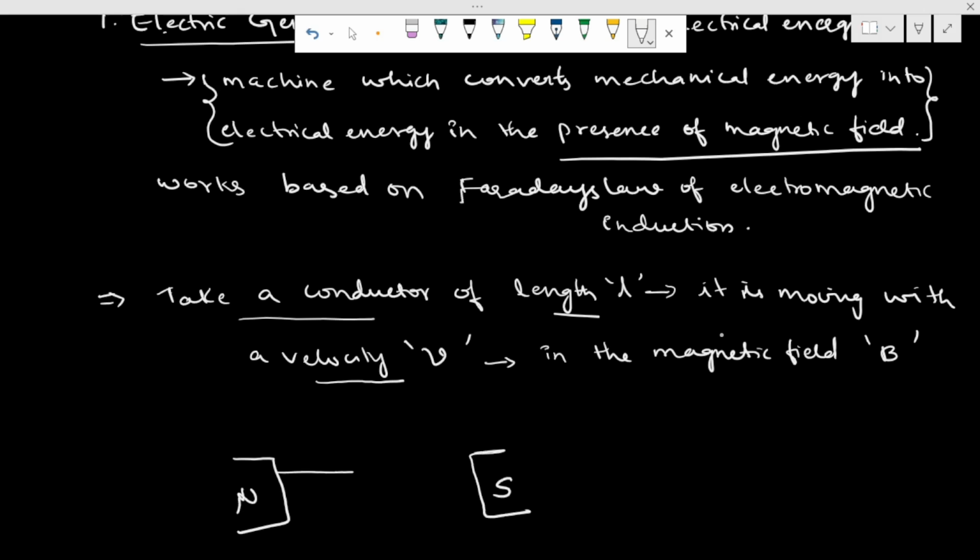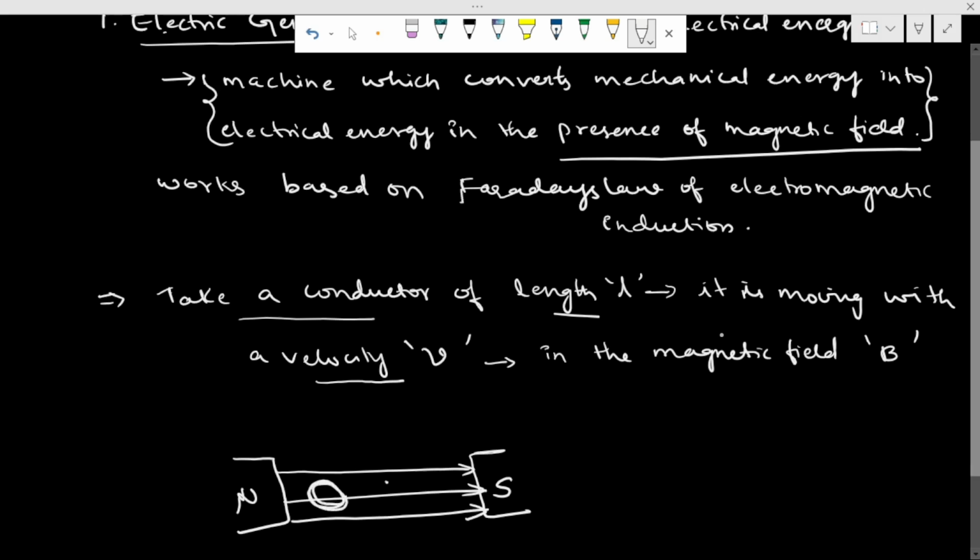This is the magnetic field. Place a conductor here. It is moving with a velocity v in the clockwise direction.